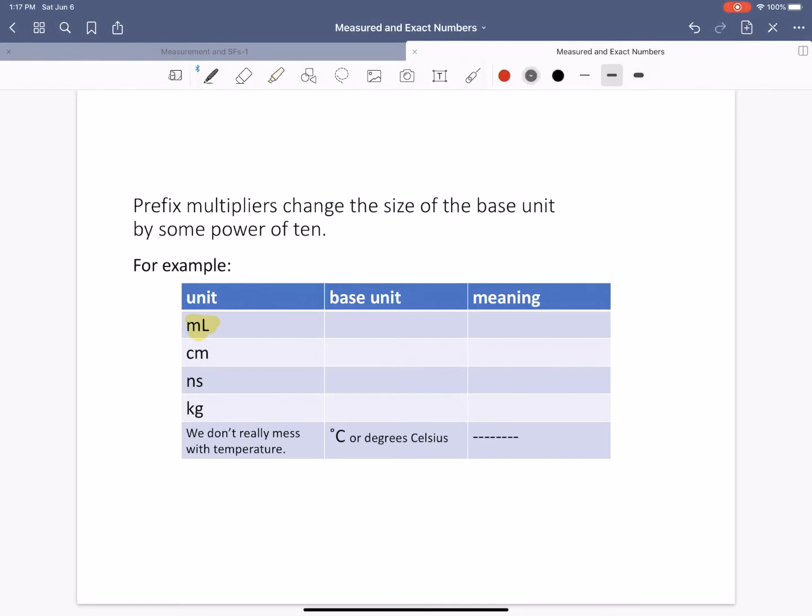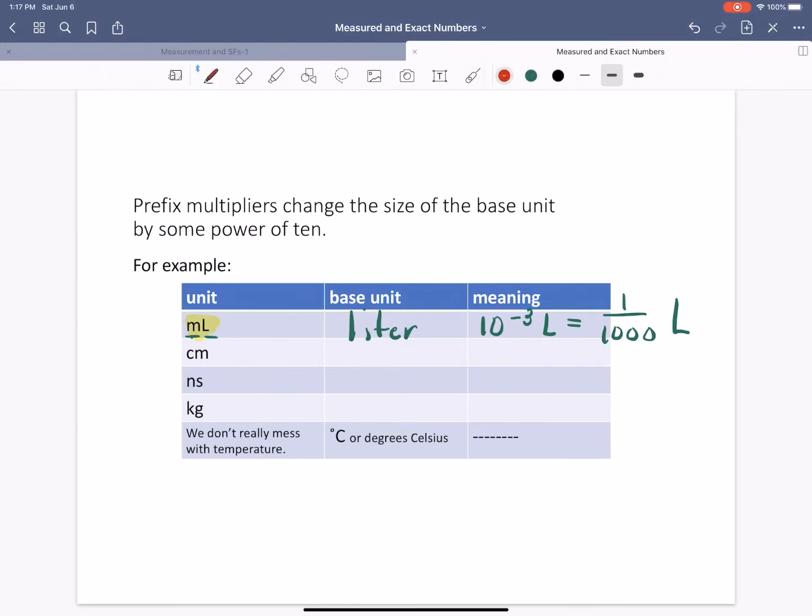Let's keep in mind, the first is the prefix, the first letter you see, and the second letter you see is the base unit. So this is measured in liters. And what we have here with a milli is that a 1,000th of a liter is a milliliter. I could have written that this way: 1,000th of a liter is a milliliter.